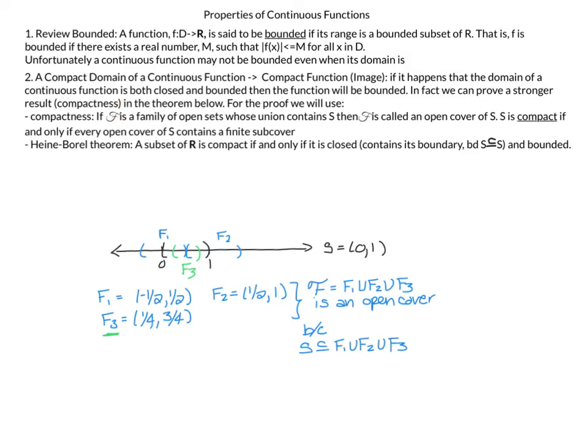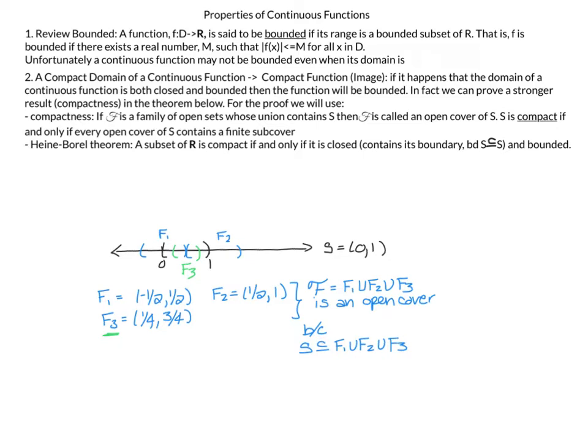If F is a family of open sets whose union contains S, then F is called an open cover of S. So for example, if S is the open interval 0 to 1, which I have drawn here, then F1, F2, and F3 are open intervals, and the union of these three sets is an open cover for S because S is contained in the union of F1, F2, and F3.